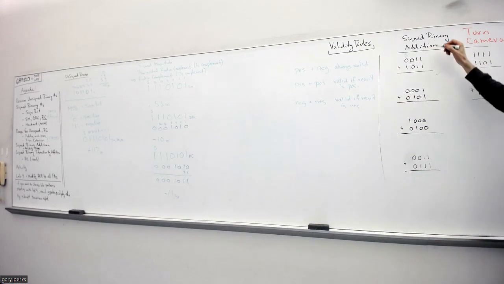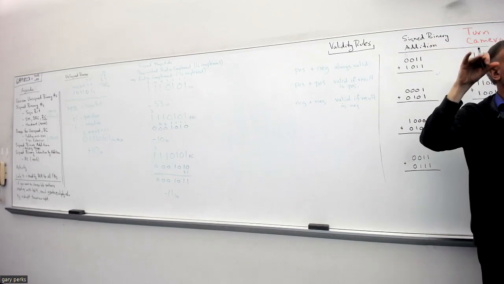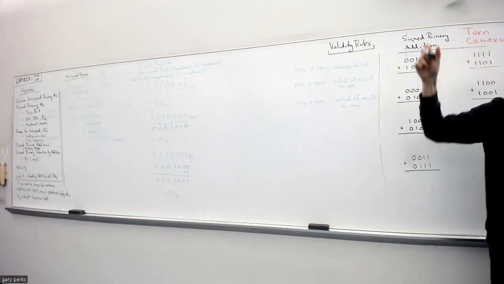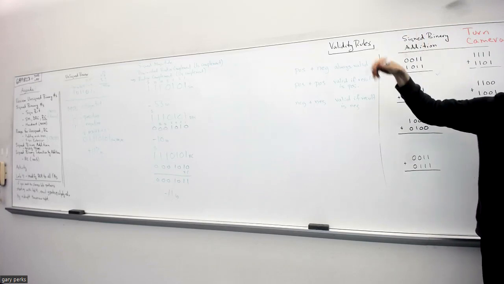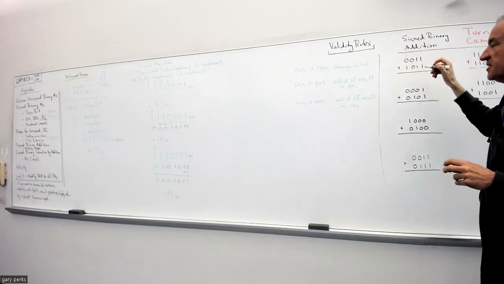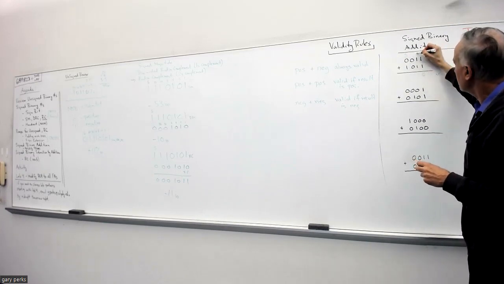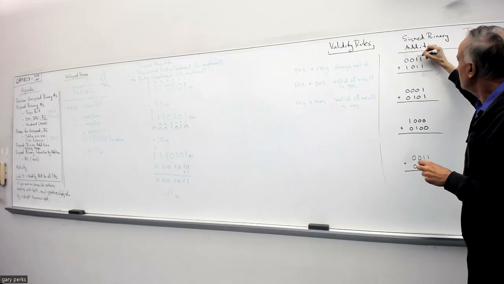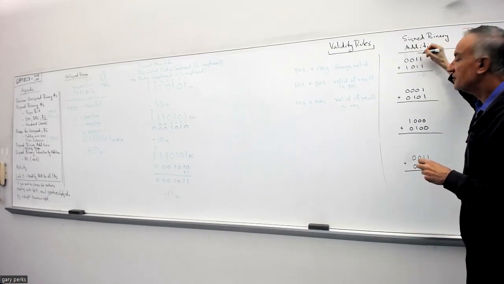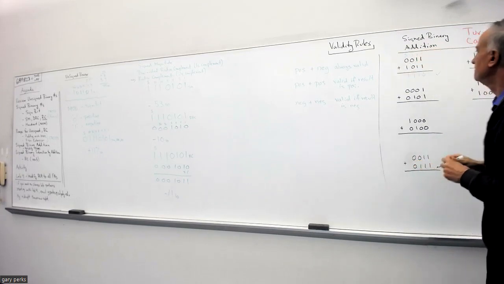Now, when you add these signed binary numbers manually, you add them the same way as we were adding unsigned. You go column by column, starting with the least significant bit column. So 1 plus 1, 0 with a carry of 1. 1 plus 1 plus 1, 1 with a carry of 1. 1 plus 0 plus 0, 1. 0 plus 1, 1.